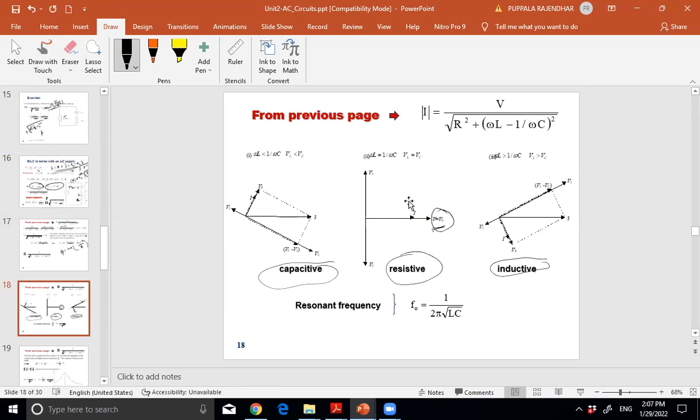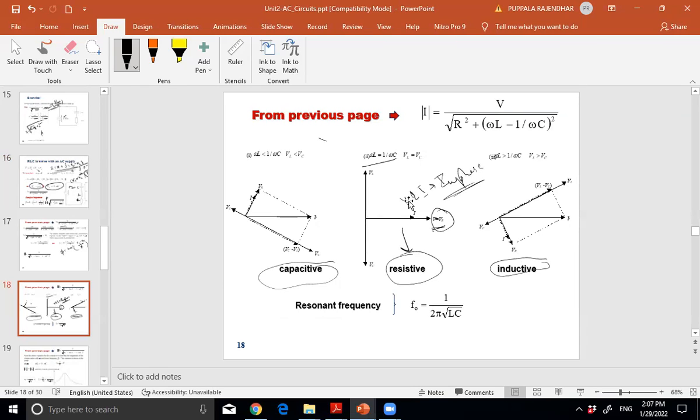XL is equal to XC, so it becomes purely resistive. For a pure resistance, voltage and current are in phase, na? Voltage and current are in phase.